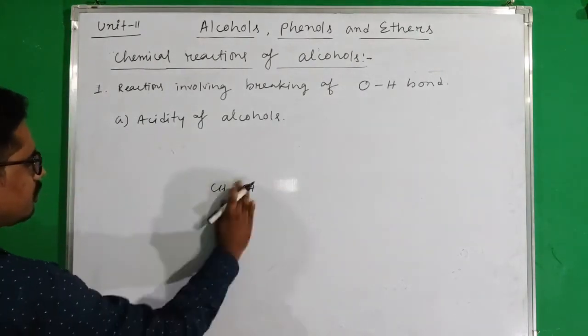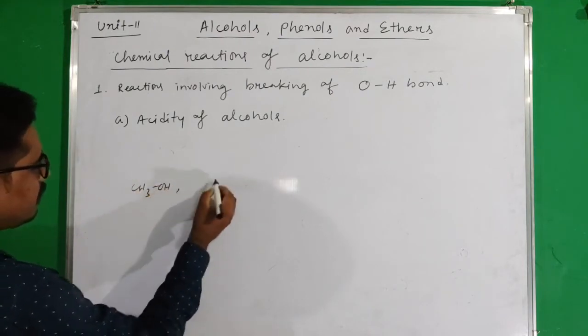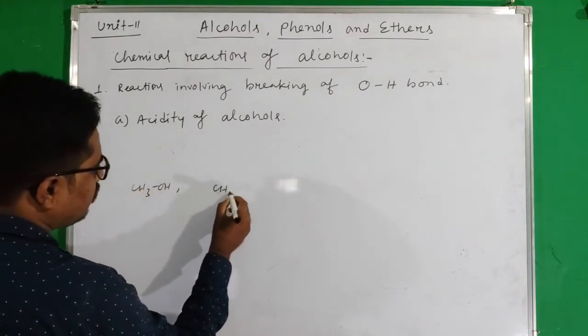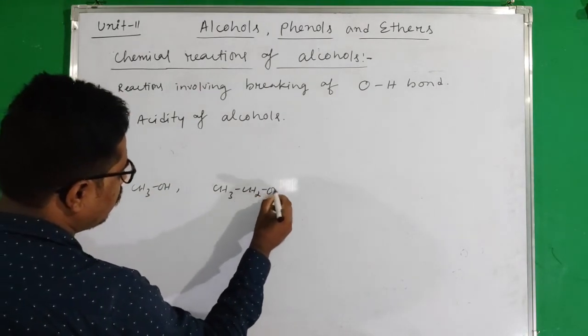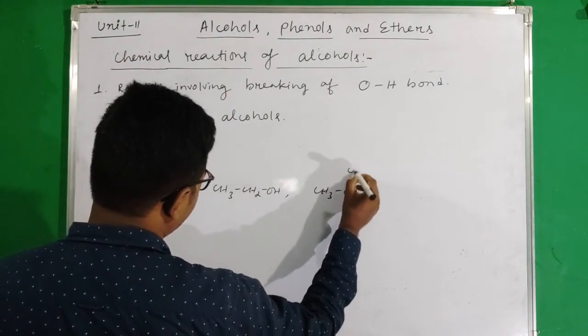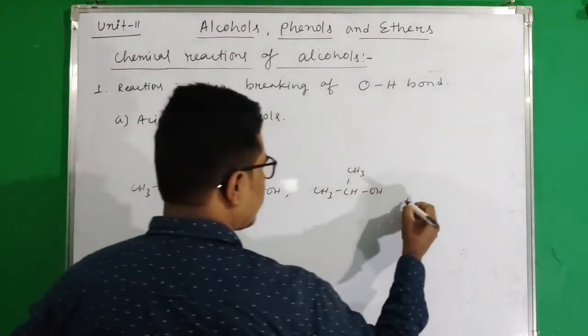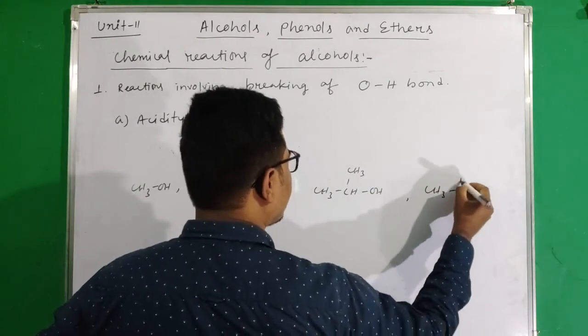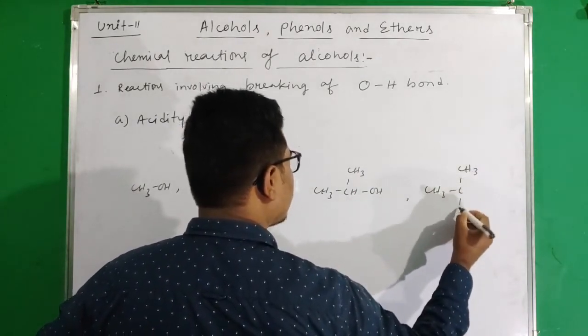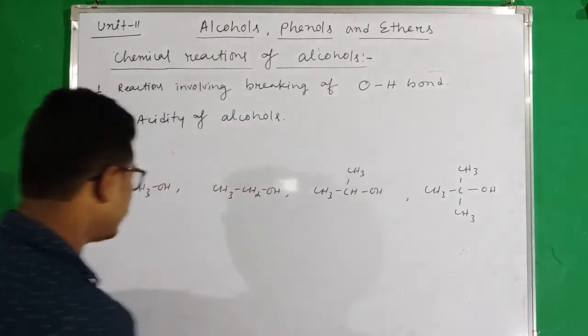First one is methyl alcohol, CH3OH, and then let us consider one primary alcohol CH3CH2OH, and then suppose a secondary alcohol, and then let us consider finally one tertiary alcohol. Okay.